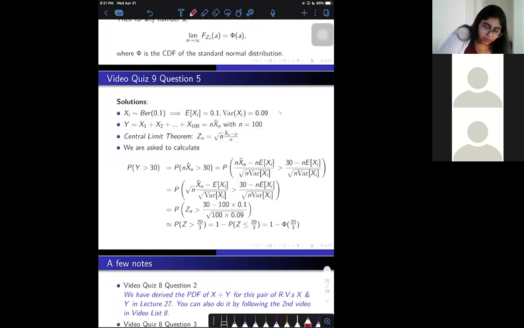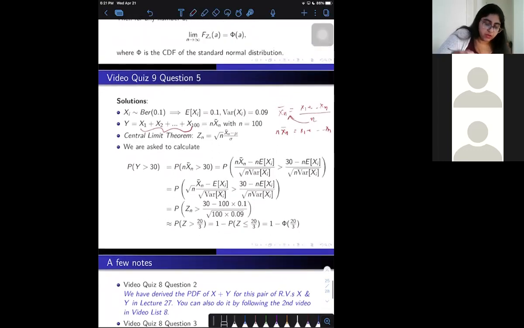If you remember, we define the mean, X bar, as the sum divided by n. So in this case, since we have the sum, we just moved this n here. So n times Xn bar is the sum of these. Make sense? Hopefully.